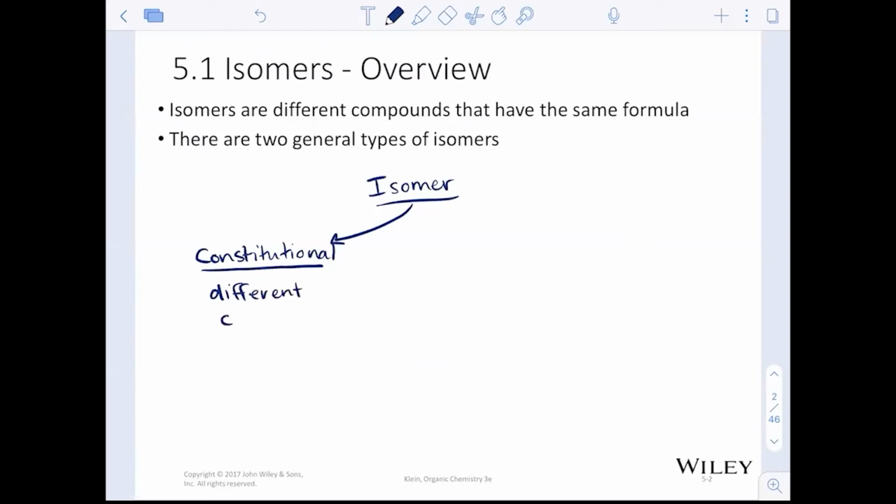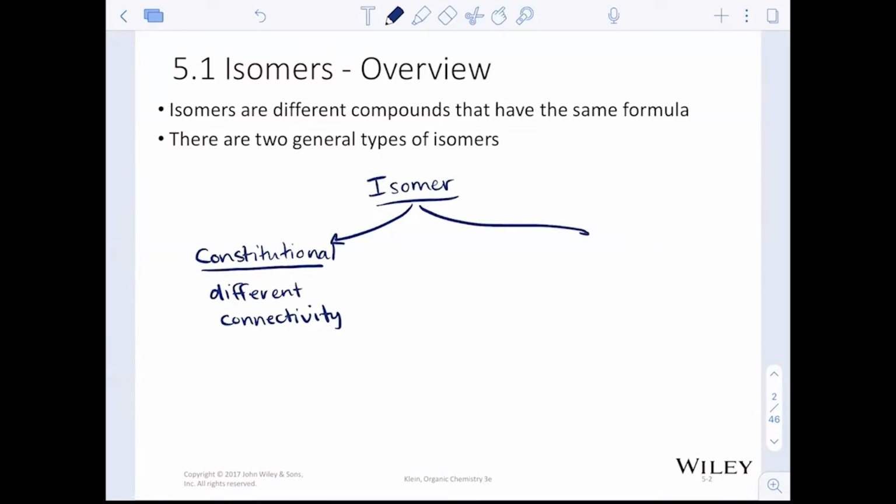Those are really important when we talked about naming, right? They had totally different names because there was a different parent chain, a different branch, a different substituent, things like that. Constitutional isomers are completely different from each other, and do not have the same physical or chemical properties at all.